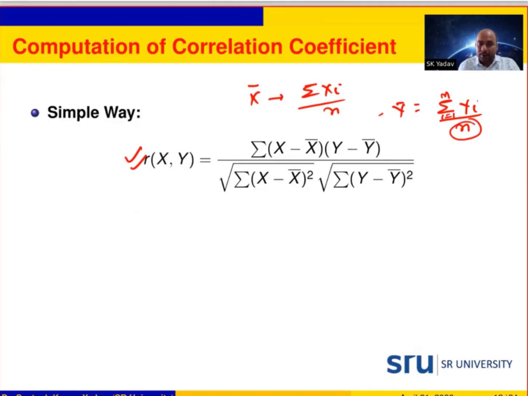This is basically obtained from the definition after some simplifications, that is removing n from numerator and denominator. It's very straightforward; by definition you can derive it and try it yourself.